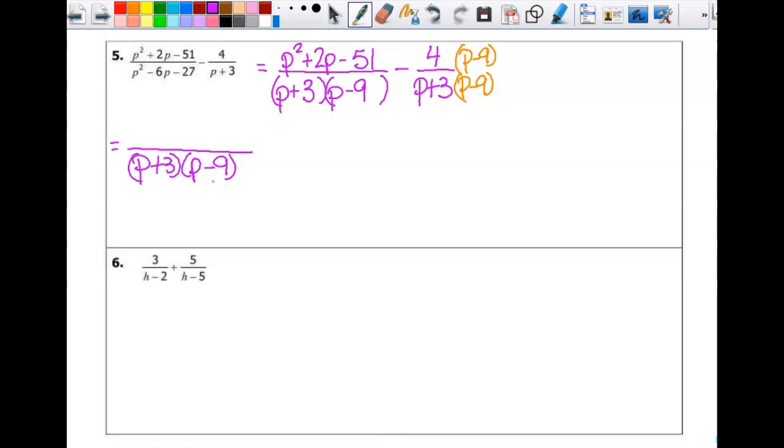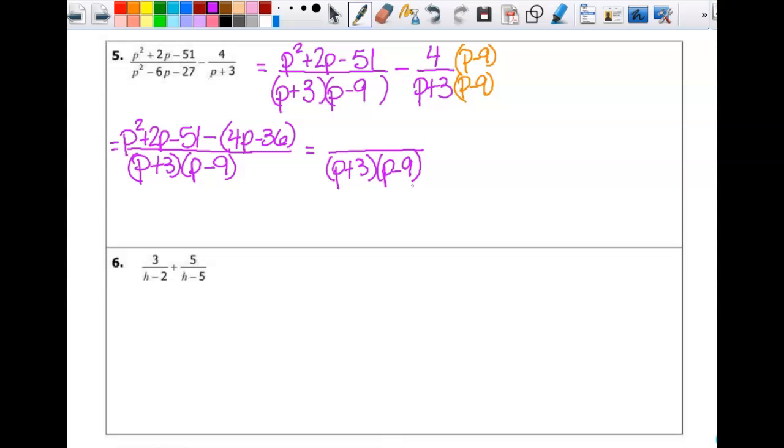Then I'm just going to rewrite the first numerator, p squared plus 2p minus 51, minus, and then I'm going to distribute that 4p minus 36. Looks like that. Okay. So then once again, I'm just going to rewrite my denominator, p plus 3 times p minus 9.